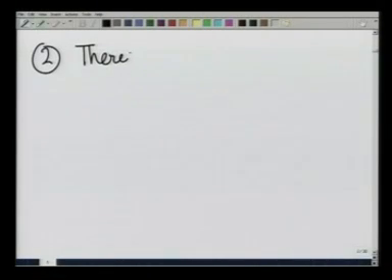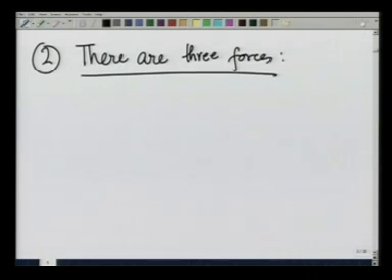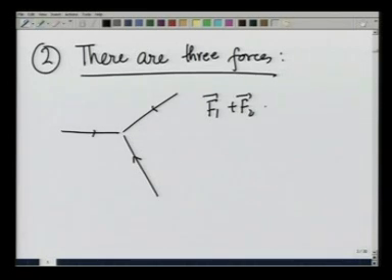Next, if there are three forces, in that case the forces should either meet at a particular point, so that F1 plus F2 plus F3 is 0, and the torque due to the three forces is also 0.